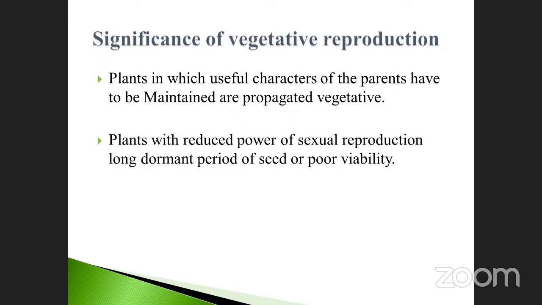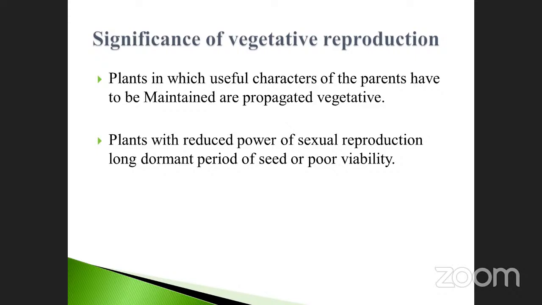Those plants can easily be propagated by this method. Another one is plants with reduced power of sexual reproduction. Some plants do not have sexual reproductive ability. This is completely stunted in nature.